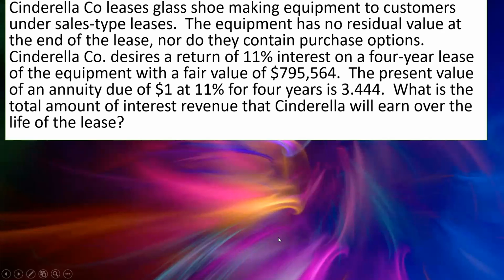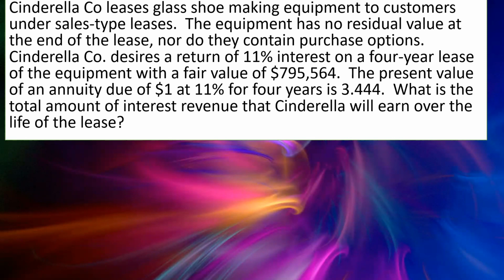All right. Cinderella Company leases glass shoemaking equipment, how ironic, to customers under a sales type lease. The equipment has no residual value at the end of the lease, nor do they contain purchase options. Cinderella Company desires a return of 11% interest on a 4-year lease of the equipment with a fair value of $795,564.